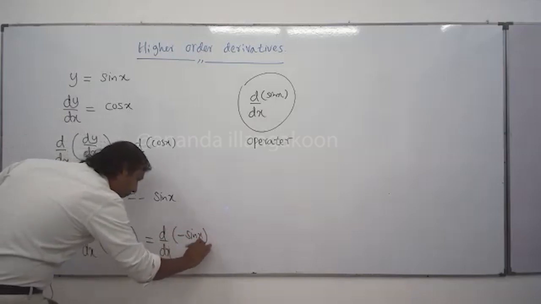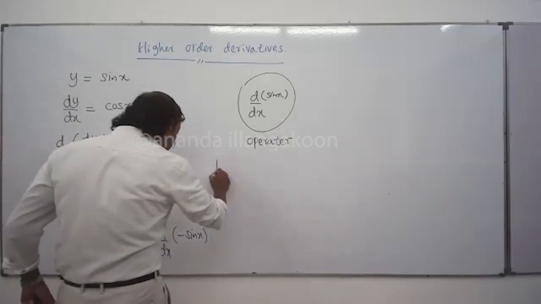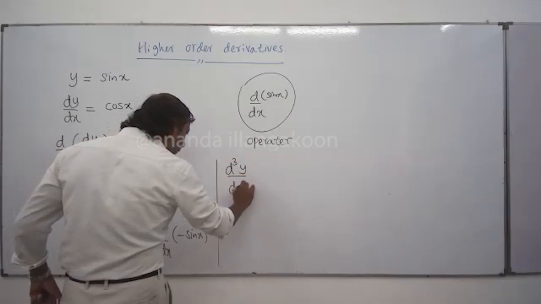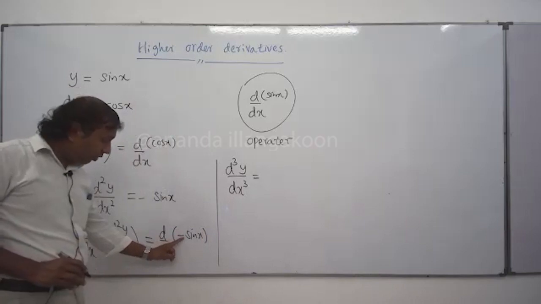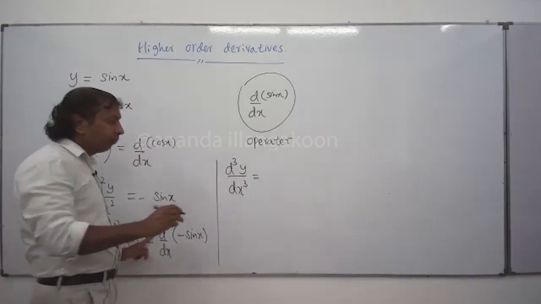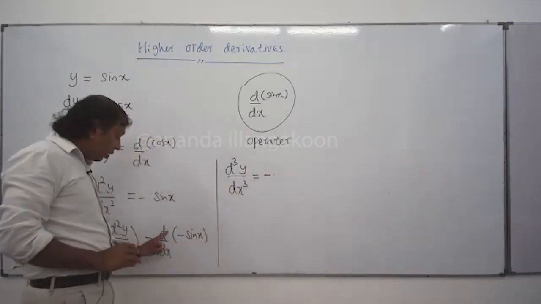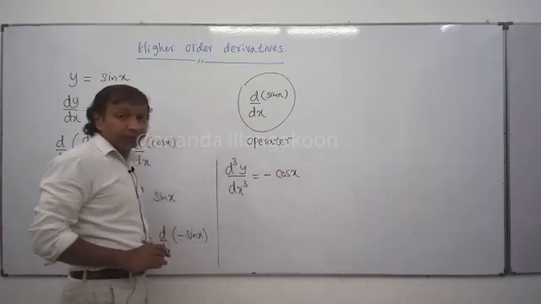The way of writing the left hand side: d squared and this d gives d cube; dx and this dx squared gives dx cube. So the third derivative we can write as d3y upon dx3. When you differentiate minus sine x, we can take the minus sign out because it is a constant. Sine x, when you differentiate with respect to x, we get cos x. Then the third derivative we get as minus cos x.